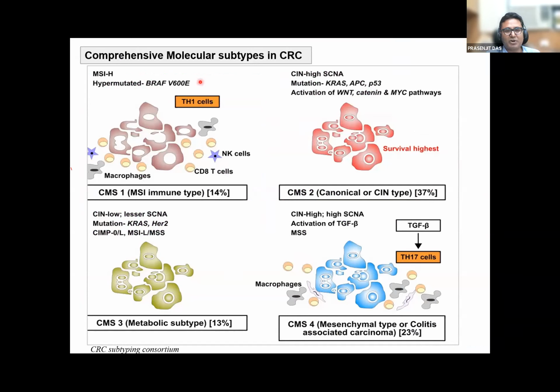Now, most importantly, nowadays comprehensive molecular subtyping is being used more for prognostic classification of colorectal carcinomas. This came up a few years back, based on the TCGA molecular phenotype of colorectal carcinomas. We have 4 comprehensive subtypes: 1, 2, 3, 4.